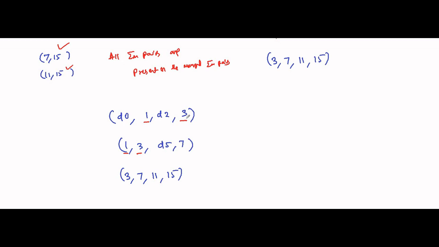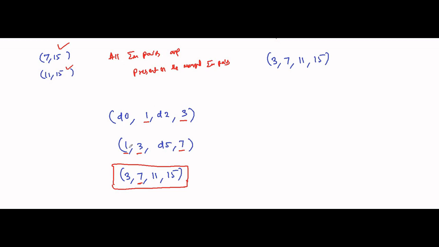1, 3 here it is also present. Then we have here 7. 7 is present here in this merged minterm pair. This merged minterm pair consists only of normal minterm values.